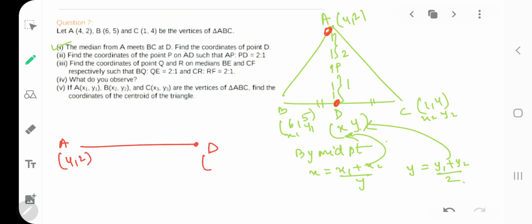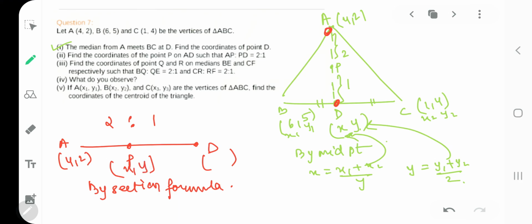You have D coordinates, you must have found it from the midpoint. You have to find P and m1 and m2 is given to you. By section formula, can you find it? Yes, my dear kids. So you have to use section formula here and find the coordinates X and Y of P. Clear?